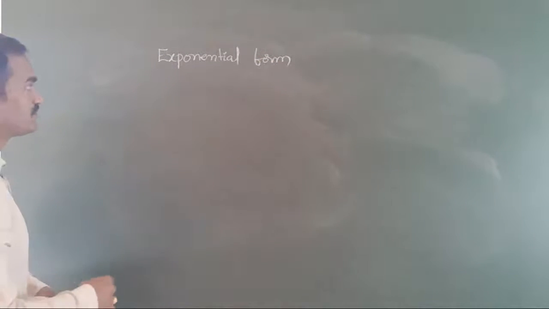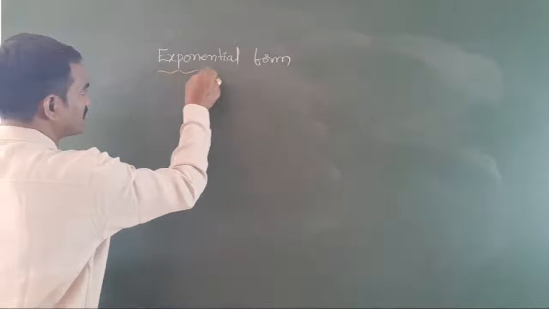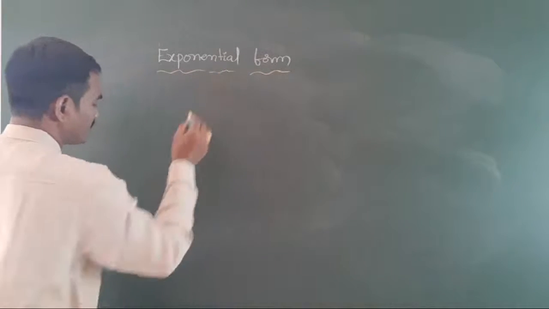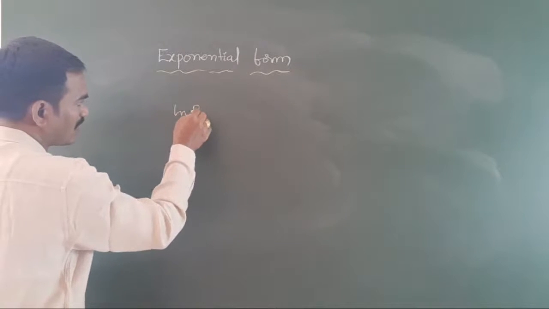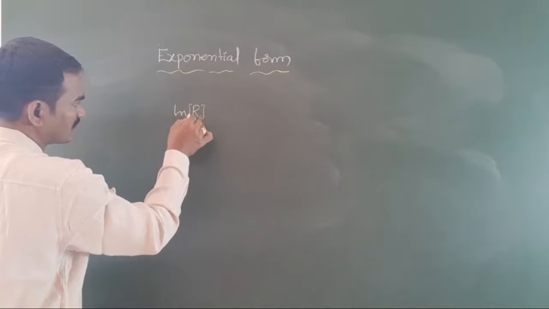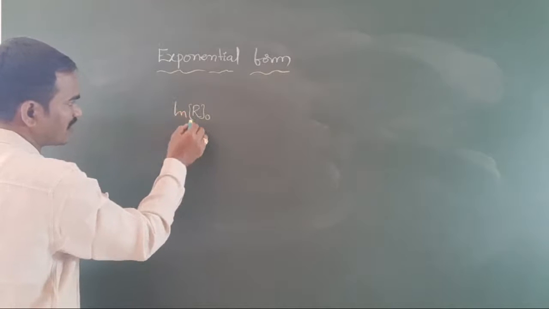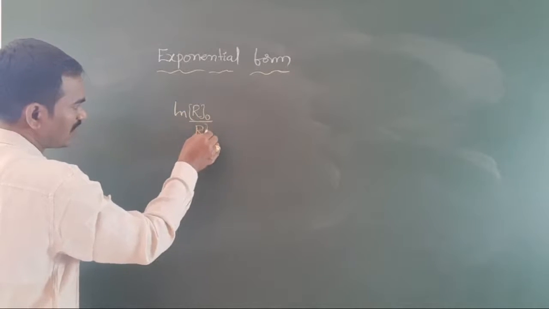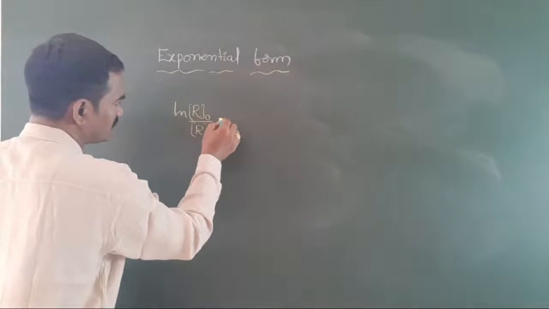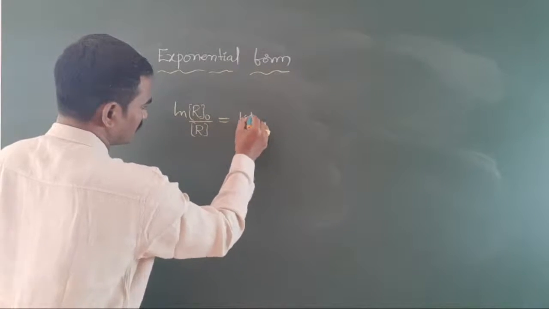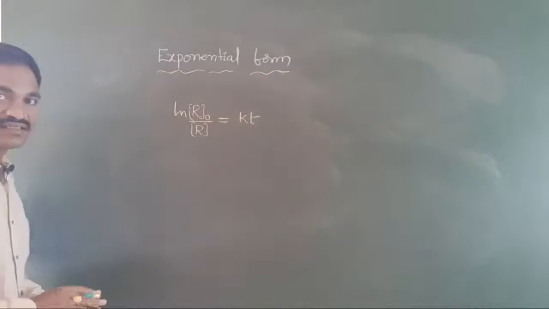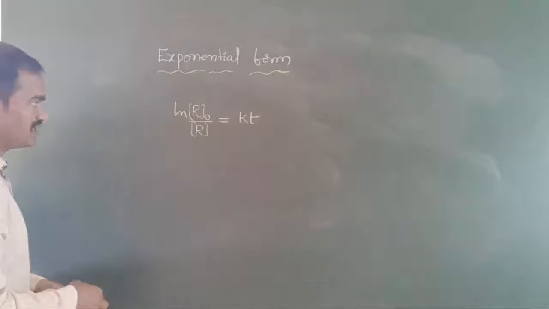Exponential form. So what is that exponential form we have to take? Here you know ln R naught by R is equal to kt. You know, in the previous step we have discussed this.